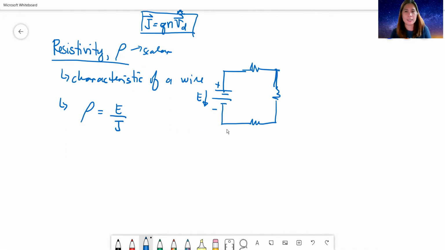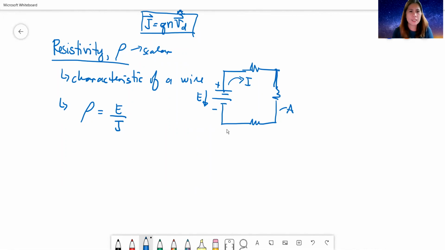Then you have the cross-section area of your wire. The conventional current goes away from plus into minus, a clockwise direction here.